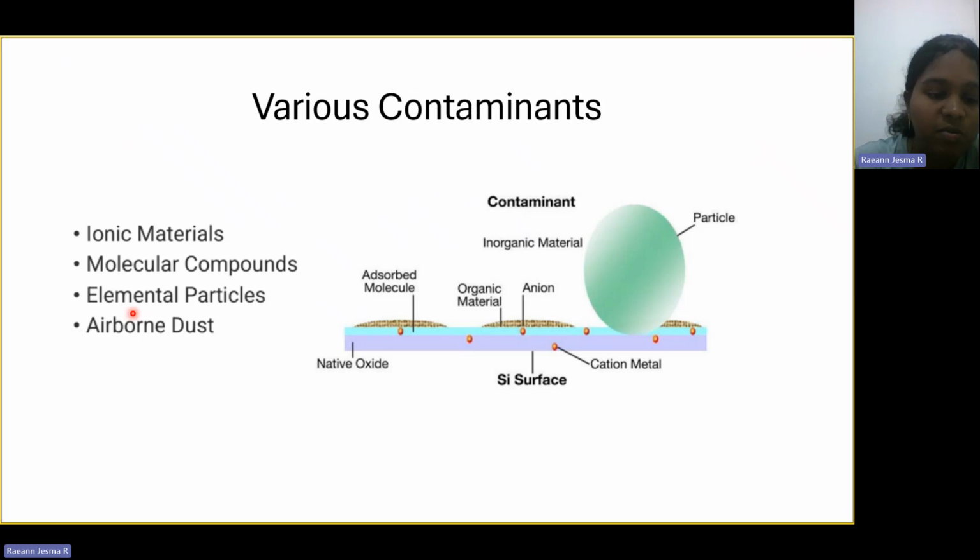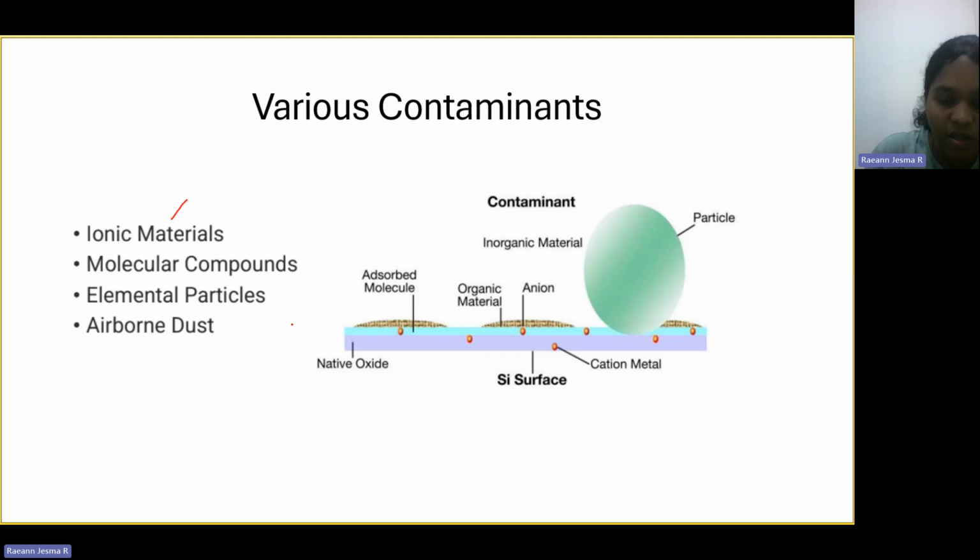Some of them are ionic material. This can be ions such as sodium or potassium, or molecular compounds, or it can be elemental particles or airborne dust. Depending on what kind of contamination we are having, the performance of the device will get affected.